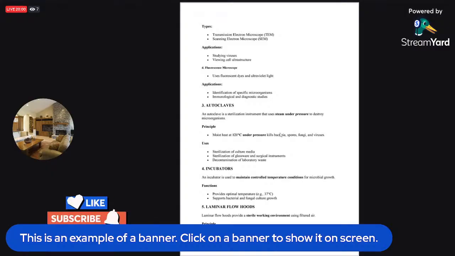Although it was locally fabricated, what it was meant for is to provide a sterile working environment. Under normal circumstance, if you are working in the open, making use of the table as your working bench, you might not be able to maintain that environment as very, very safe.